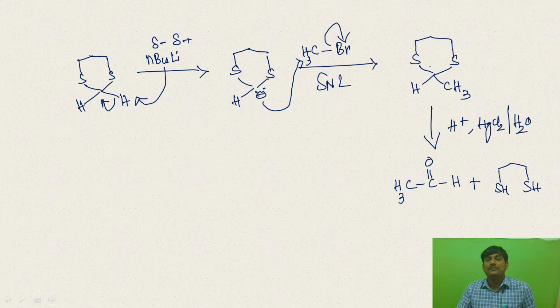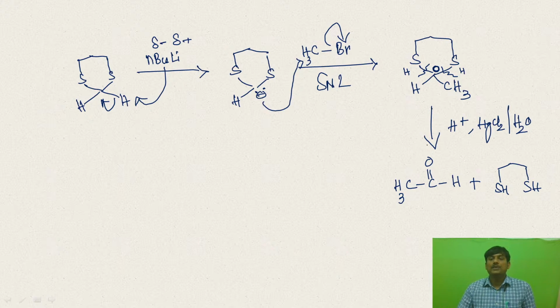Simply here there is a breaking of these two bonds. Here there is an addition of hydrogen, and here there is an addition of oxygen. So here there is a formation of CH3 C double bond O H, and here SH CH2 CH2 CH2 SH.